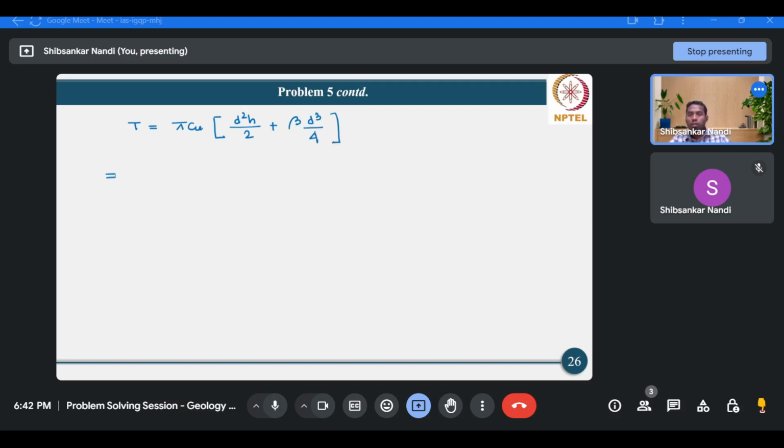Okay, so cu will be T by pi times d square h by 2 plus beta d cube by 4.